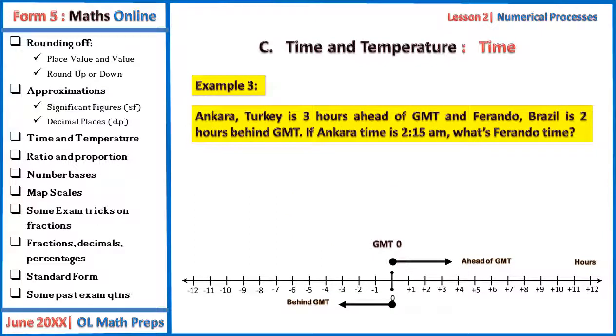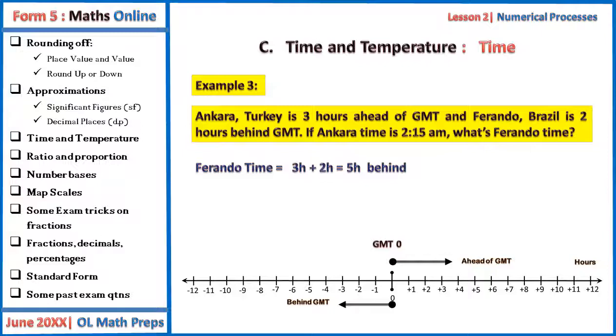Example 3, Ankara, Turkey is 3 hours ahead of GMT, and Fernando, Brazil is 2 hours behind GMT. If Ankara time is 12:15 a.m., what's Fernando's time? So Ankara is 3 hours ahead of GMT, and Fernando is 2 hours behind GMT.